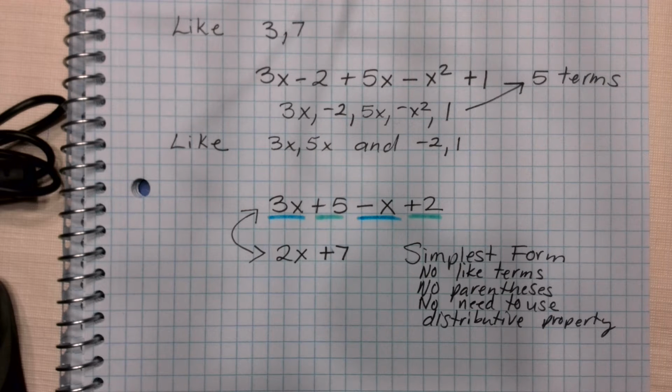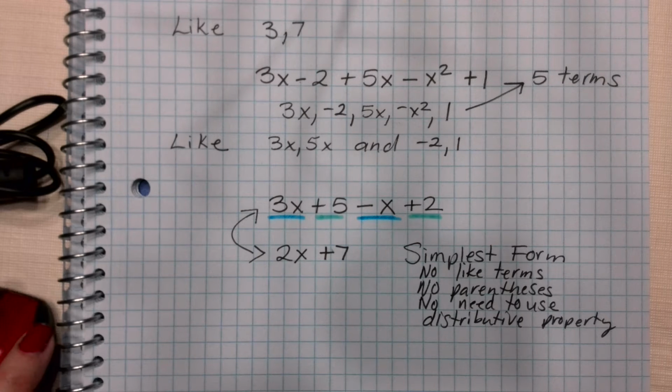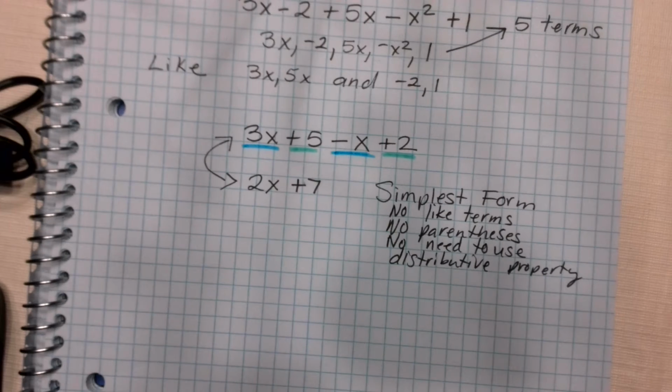The next type of question that we're going to work on is a problem that would be finding the sum of two expressions. So to find the sum of two expressions, you're going to have a problem like this on your test.